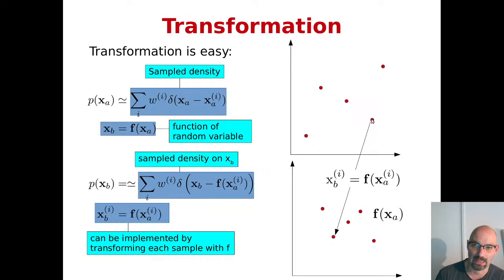And this will project the input space into the output space. And what do I do with the weight? Well, I do nothing else than preserving the weight that I had before.